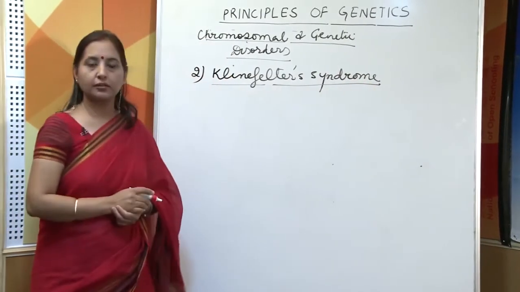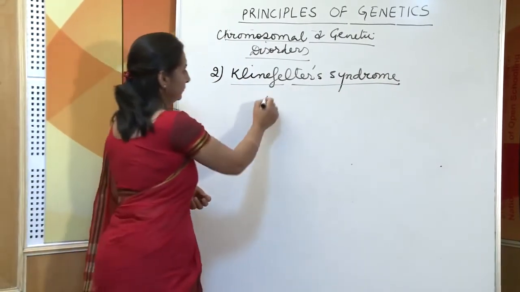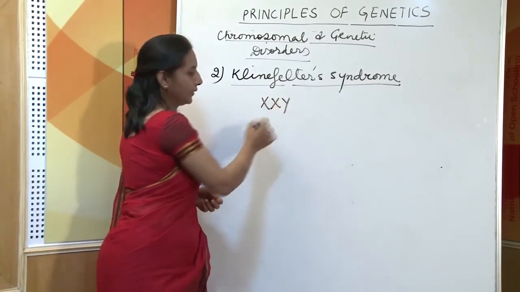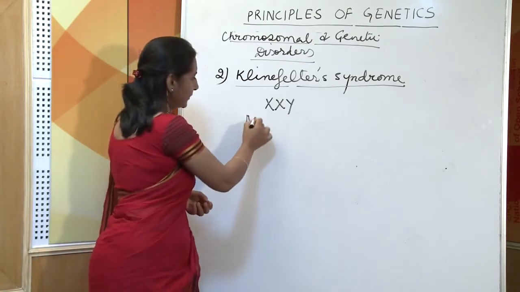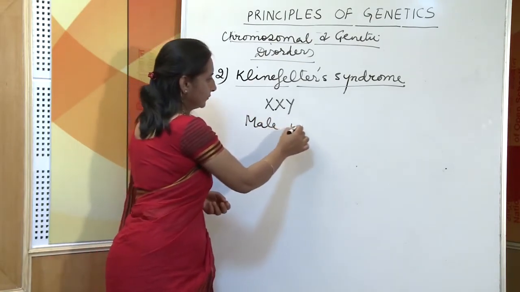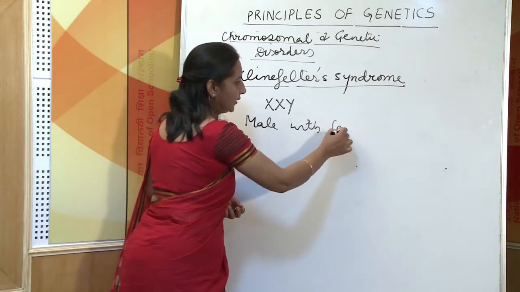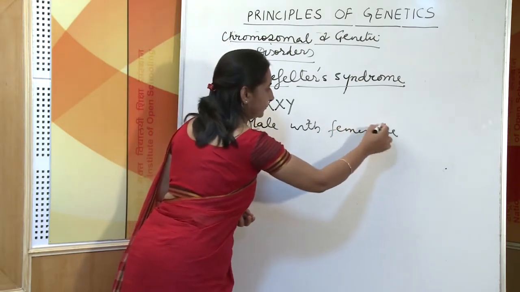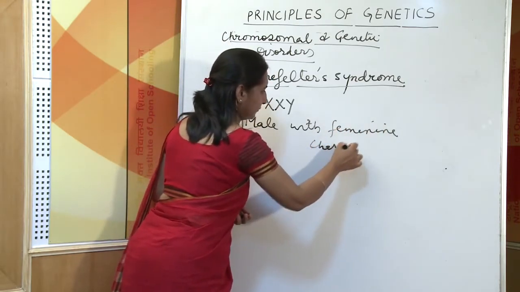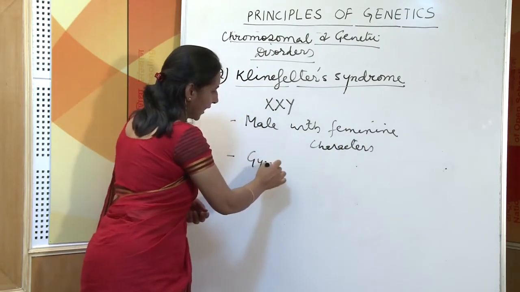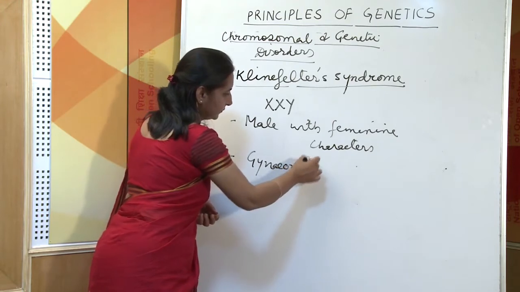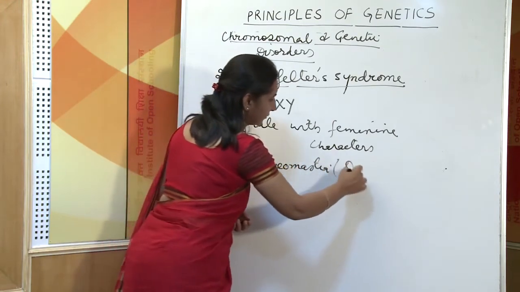In this disorder, there is an extra chromosome and the genotype becomes XXY instead of XY. The individual is a male with feminine characters. There is gynecomastia, that is development of breasts.